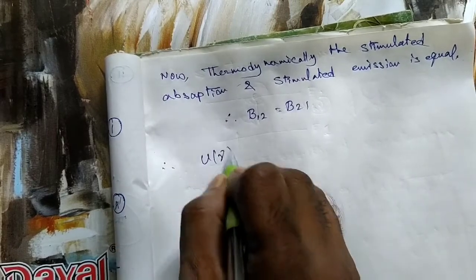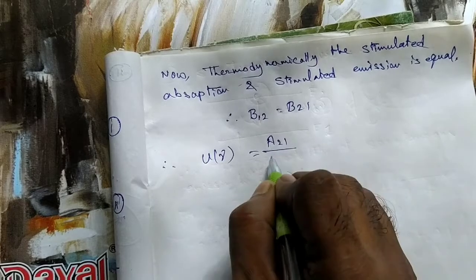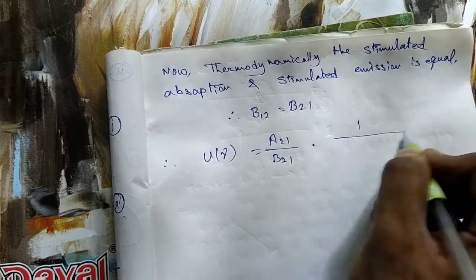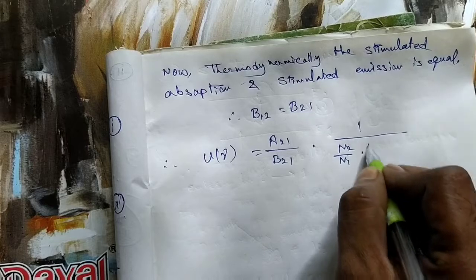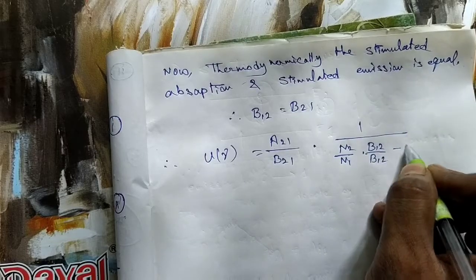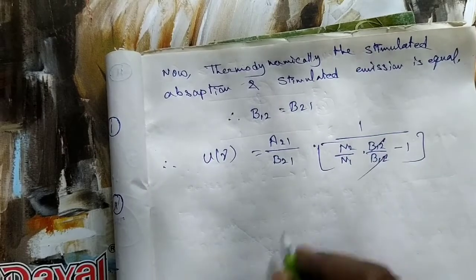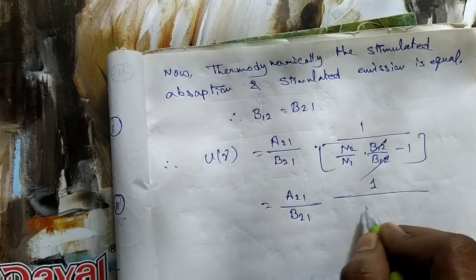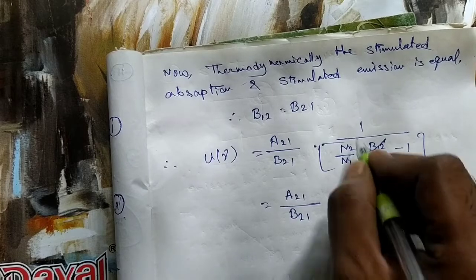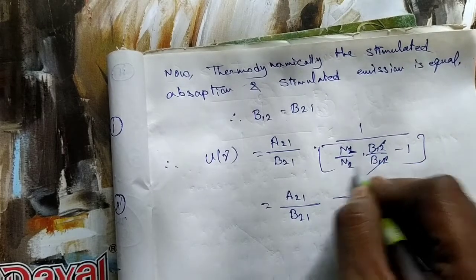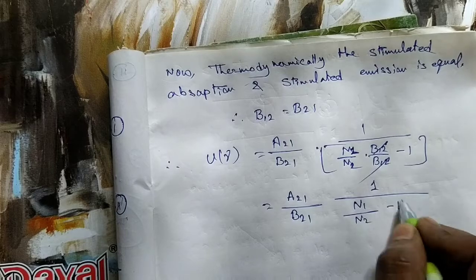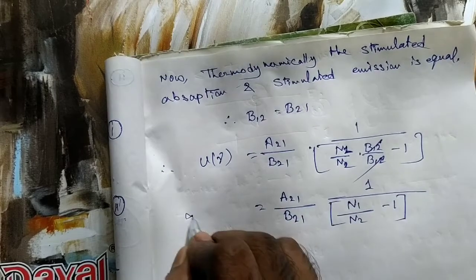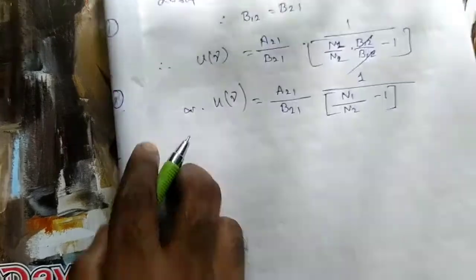So we can rewrite that B12 is equal to B21. Now U nu is equal to A21 by B21 into 1 by N1 by N2 minus 1, putting B21 as B12. Suppose this is equation 3.